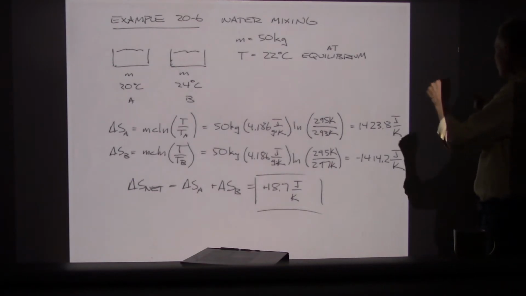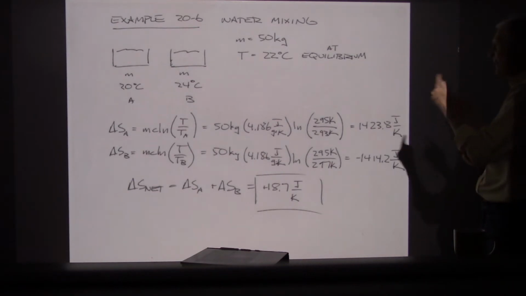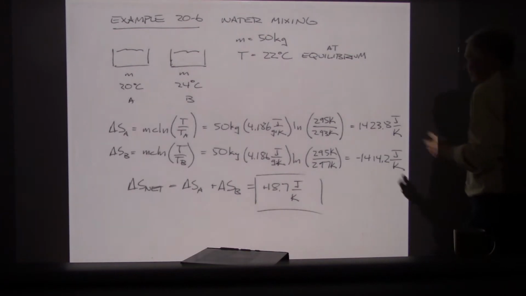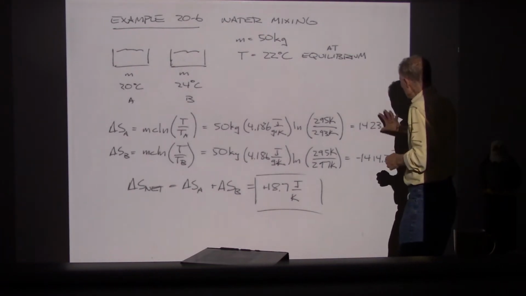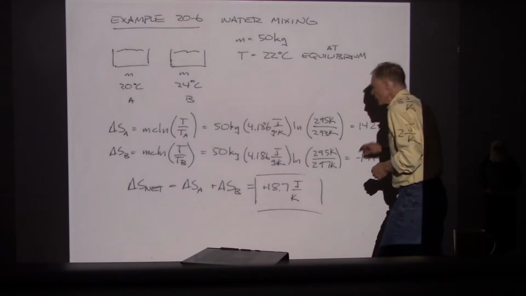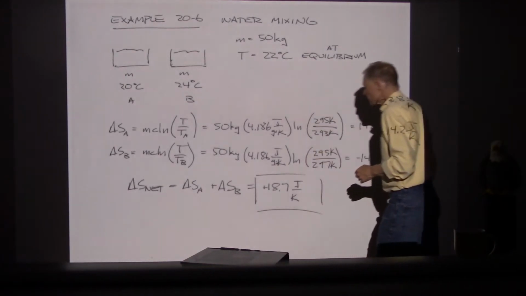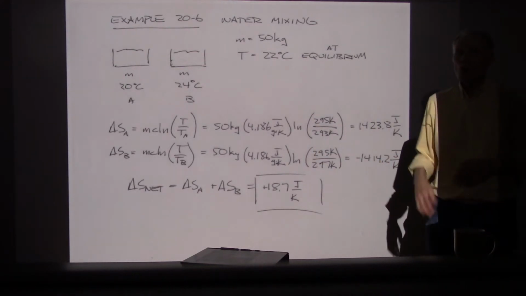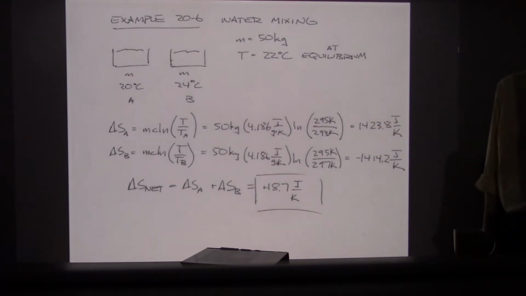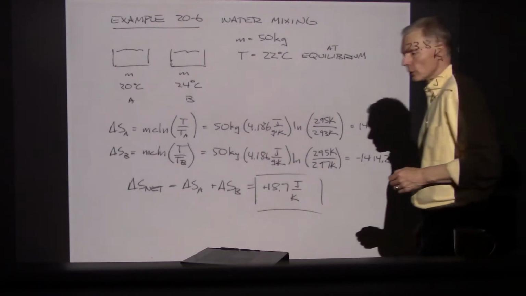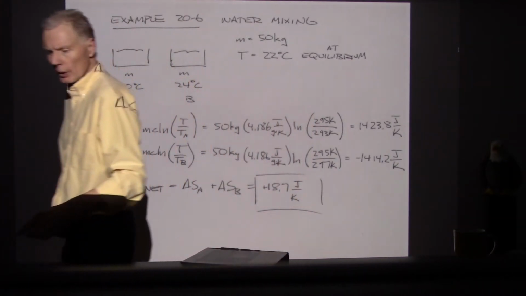So when we add those, I guess it's not subtraction, it's adding a plus and negative number. Subtraction is addition, right? And so I'm adding these numbers together, and it works out to be a difference of 18.7.